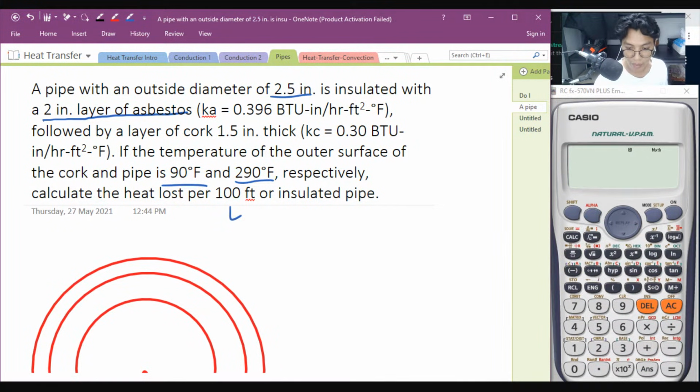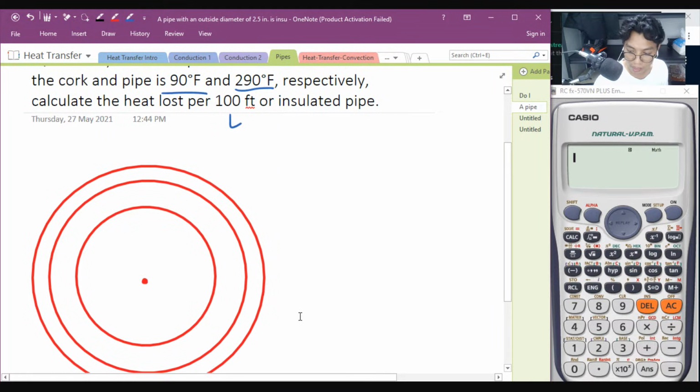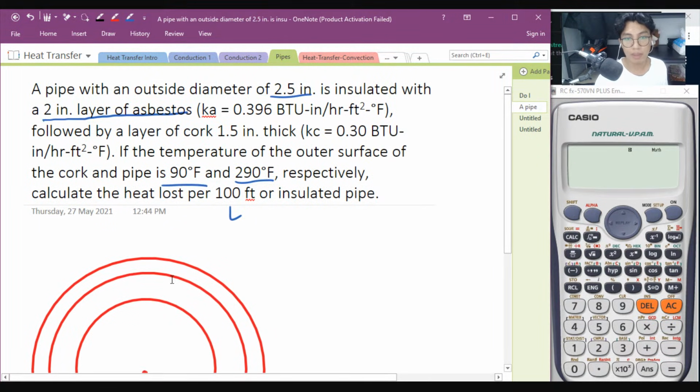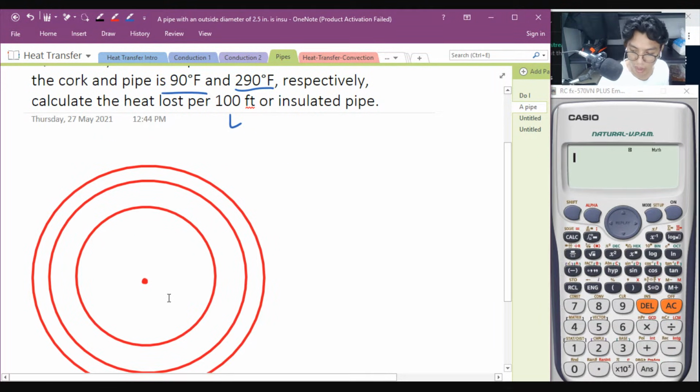Okay. Let us, alamin natin to. Now, ano sinabi dyan? 2-inch layer of asbestos. Ibig sabihin, this is asbestos with the thickness, layer nga. Pag sinabing layer, that is thickness. 2 inches.